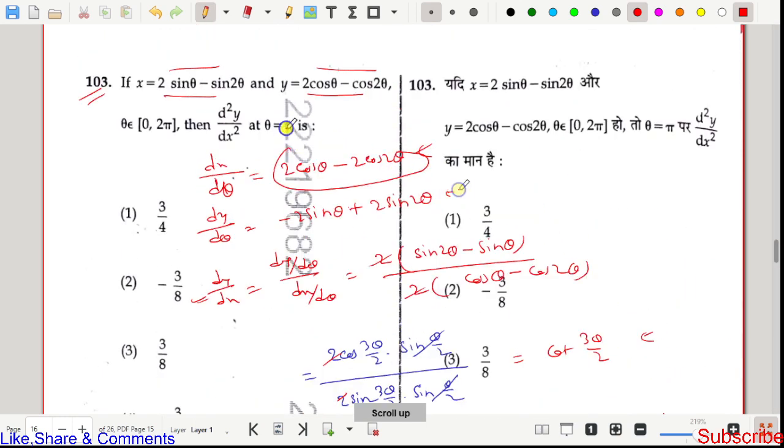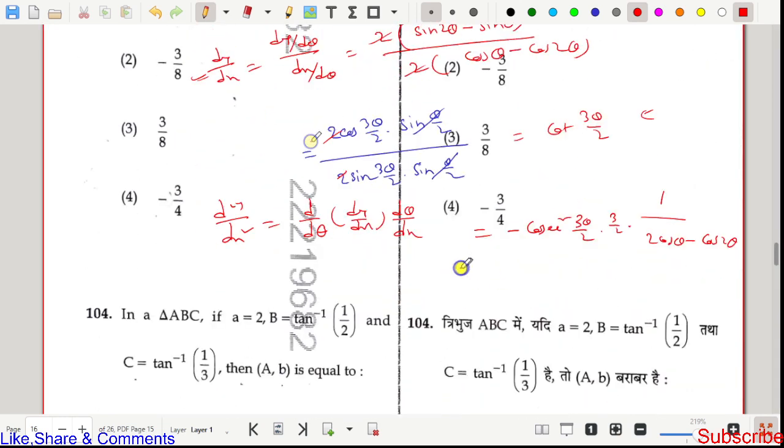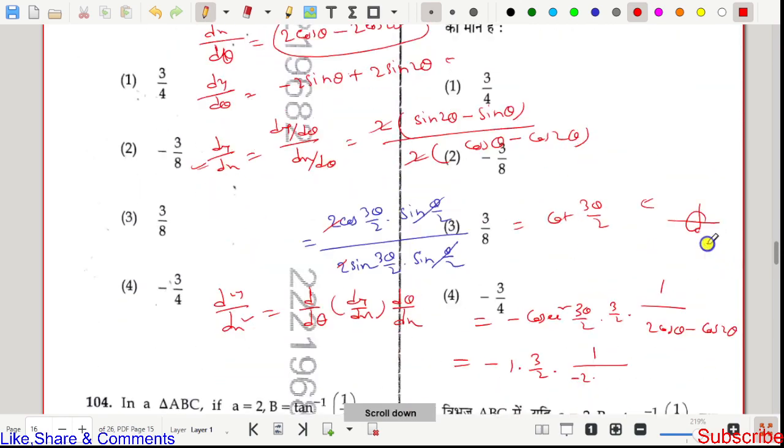Now the point is given, that is θ equals π, so we can substitute here. Cosec 3π/2, that means in the third quadrant the value will be minus 1, and its square is 1. So this is minus 1 times 3/2, and here cos π value is minus 1, so it will be minus 2, and cos 2π value is 1.